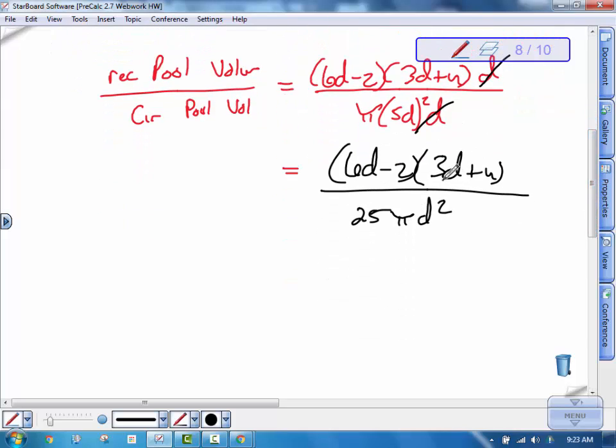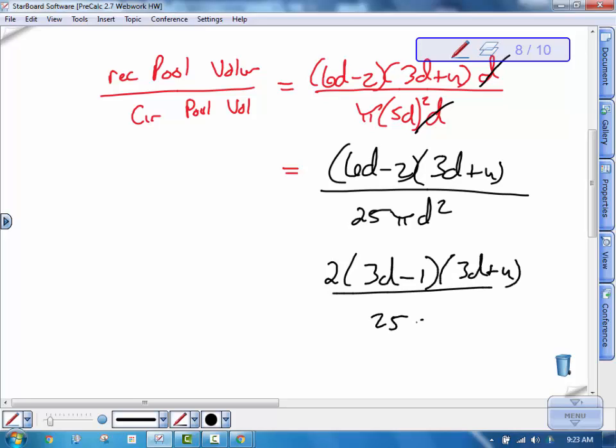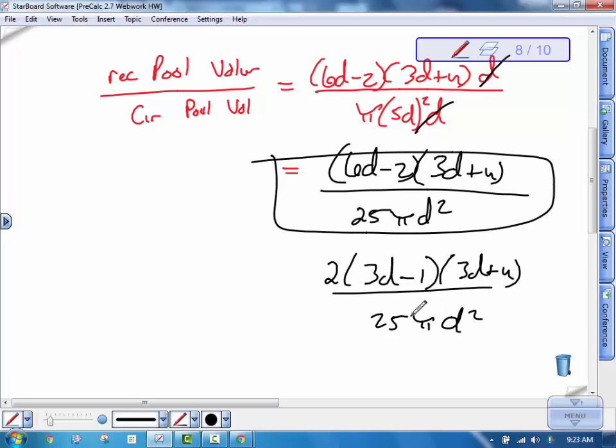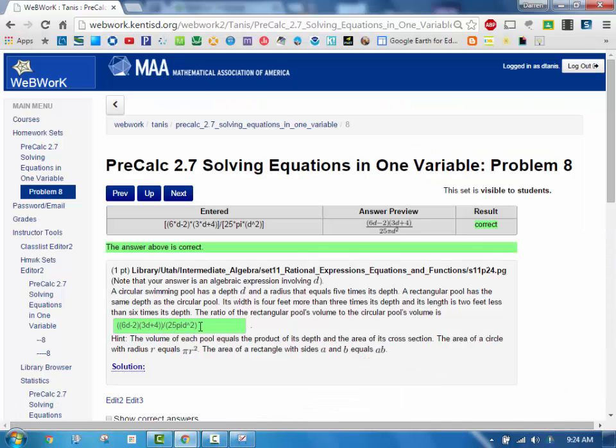I guess I can pull out a 2 from this first quantity, leaving me with 3D minus 1 times 3D plus 4 all over 25D squared, but that doesn't really simplify. So I guess it doesn't really simplify. We're going to try entering that in, or this, doesn't matter, and see if it works. Yeah, I know it's tricky to enter in, but that ends up being the right answer then.